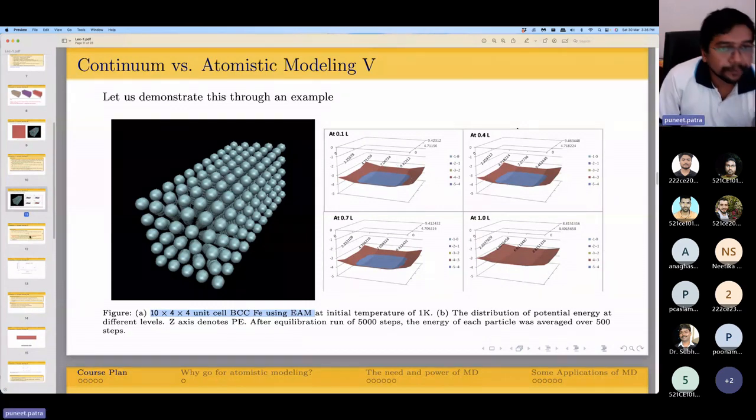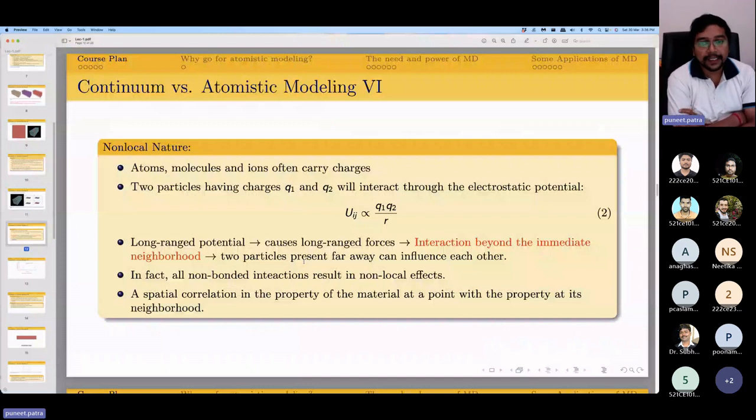Okay. Now let us focus a little bit on the non-local nature, which is again not present so much in continuum mechanics, which we typically do not take into account. Now, when it comes to atomistic modeling, as I was telling you, any atom or molecule and ion often carry charges. Charges as in they could either be positively charged or negatively charged.